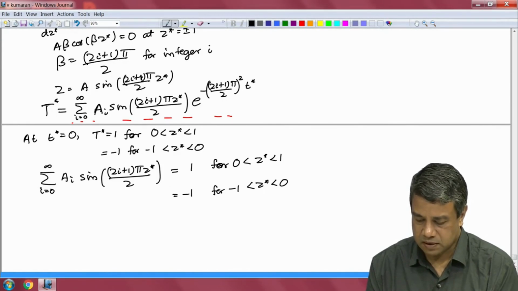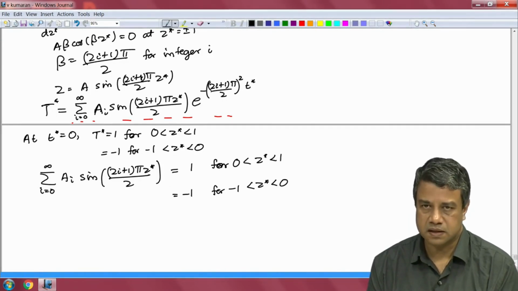We will see how to solve this using orthogonality relations in the next lecture.